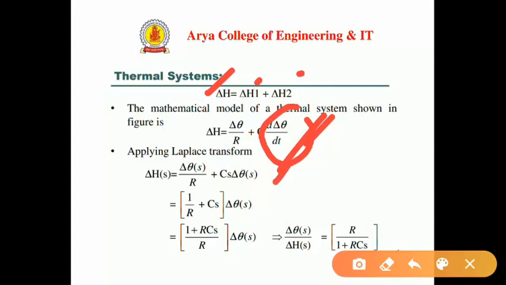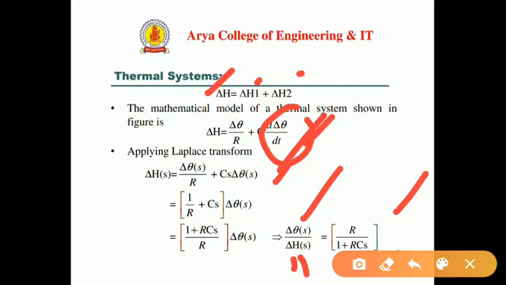Okay, so this can be obtained as delta theta(s) upon delta H(s). This is the output change in temperature, and this is the input heat flow, the change in input heat flow. Okay, so this is the transfer function for the given thermal system.